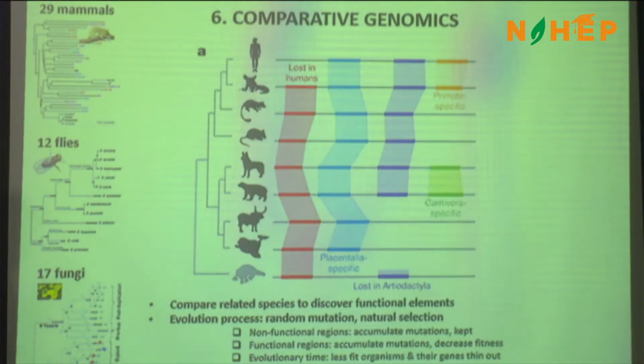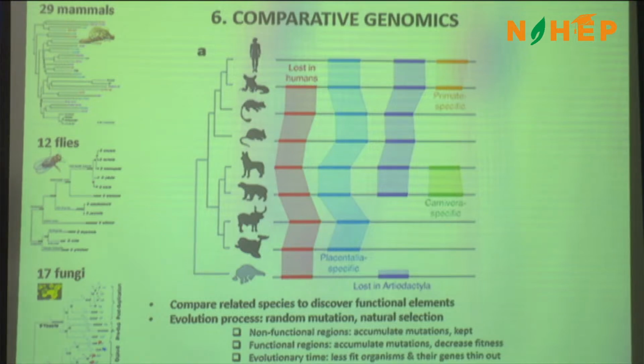Okay, so I always like to use this slide because here you see how far you can go with comparative genomics. You can compare so many different taxa, right? You can go from humans to whales, a fox or wolf, to rats. You can compare all of those genomes and see what is the difference between them. You can also be more specific, like comparing mammals, flies, fungi, whatever.